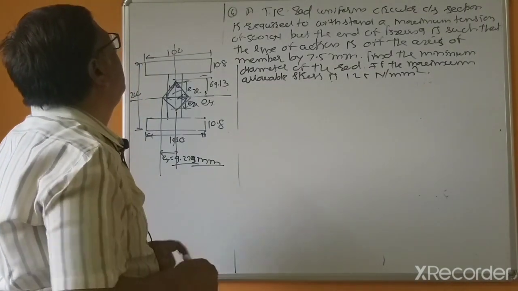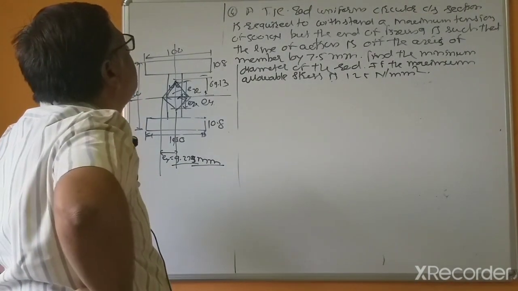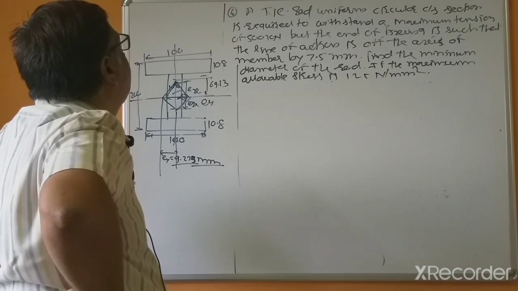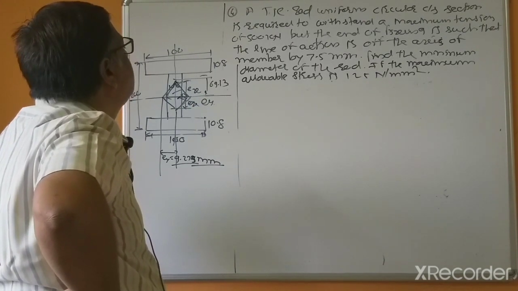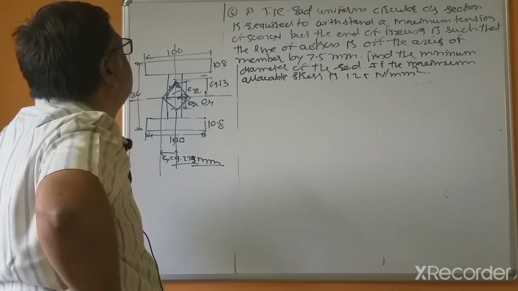First, we'll read the problem. A tie rod of uniform cross section is required to withstand a maximum tension of 500 kilonewton, but the end fixing is such that the line of action is offset from the axis.